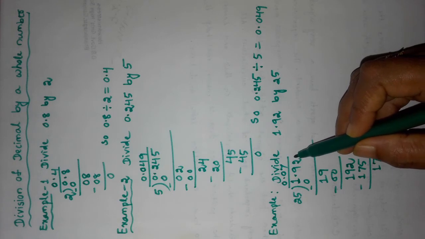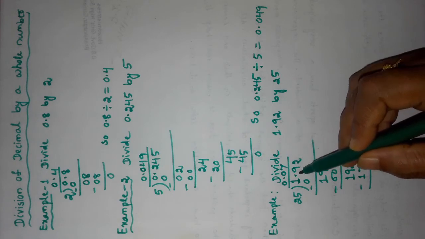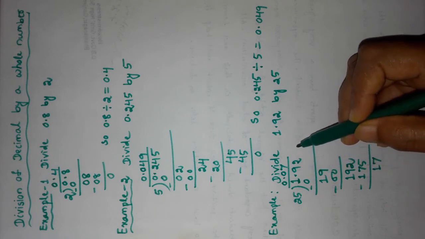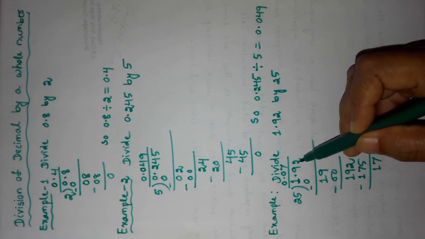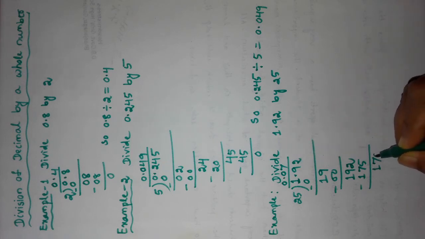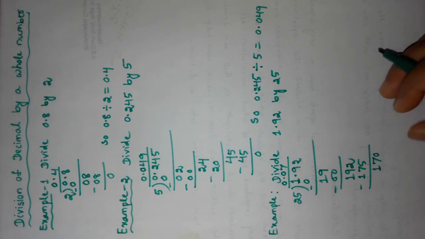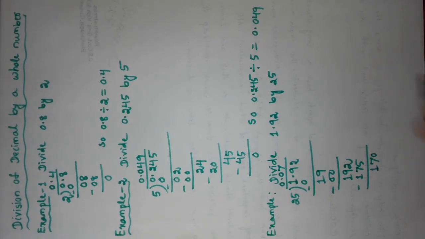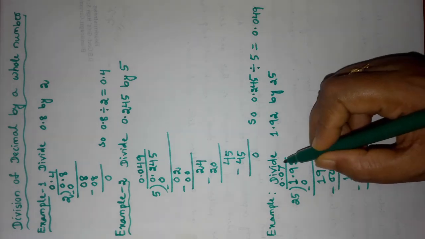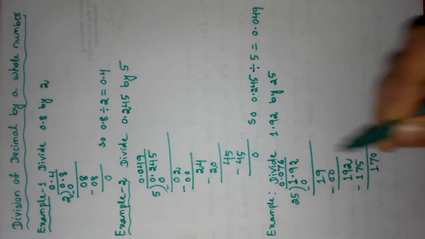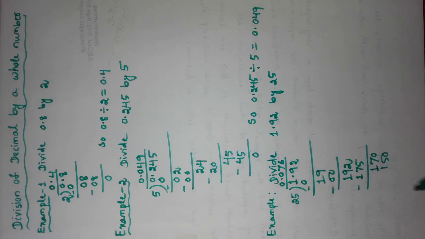If we put any number of zeros in the dividend after the decimal point, the value of the decimal will not change. That's why put zeros on the right side of the remainder till we get the remainder 0. 25 6s are 150.